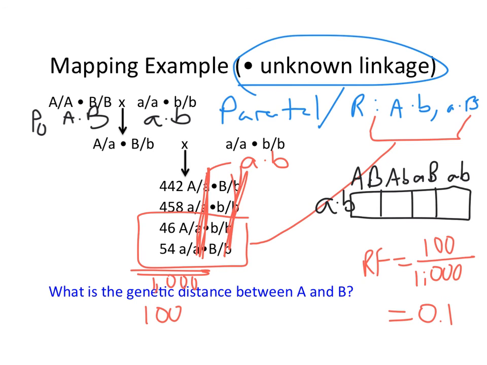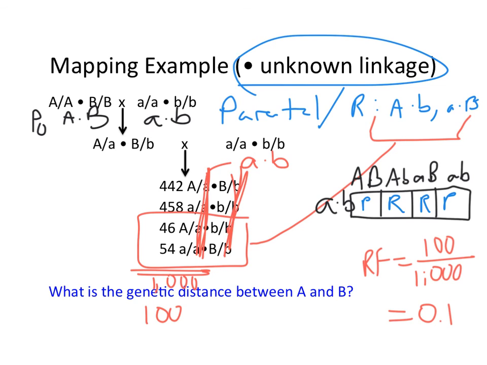Punnett square. So we should see 25% that have big A, big B, and 25% that have little a, little b. So that's the parental type, the parental type. So there should be 50% parental types and 50% recombinant types if independent assortment happens.